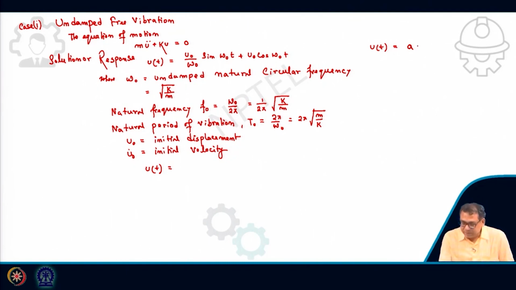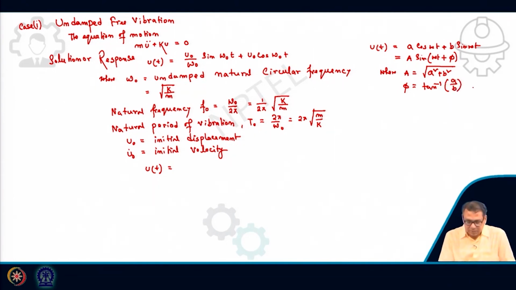If it is A cos omega t plus B sin omega t, then I can write it as A sin(omega t plus phi), where A will be root over A square plus B square and phi will be equal to tan inverse A by B. The same thing I will do here.